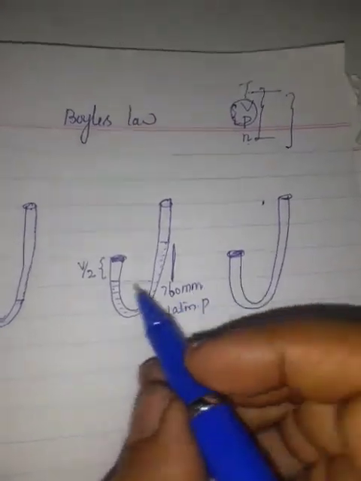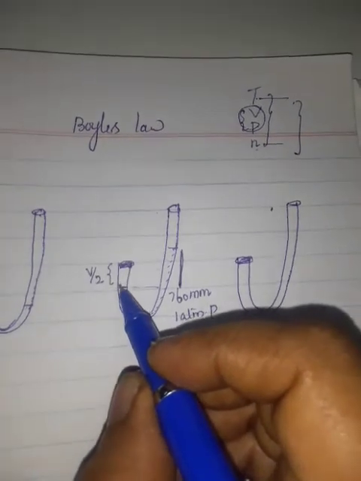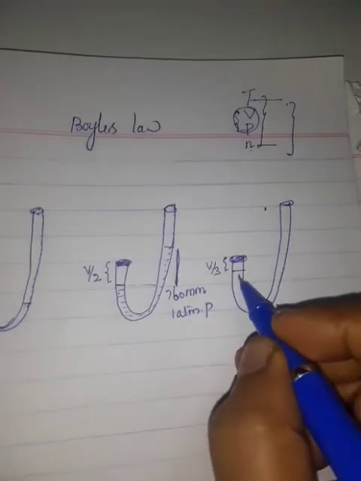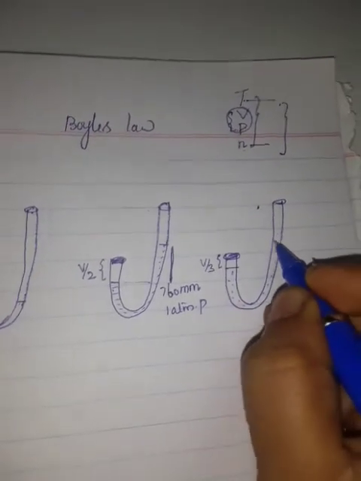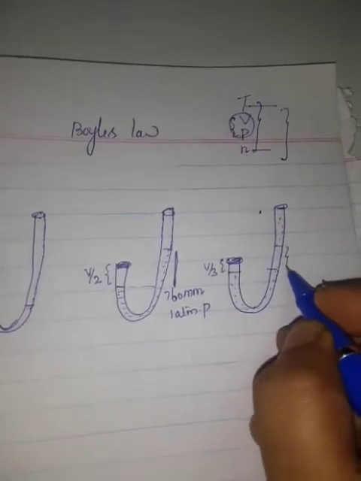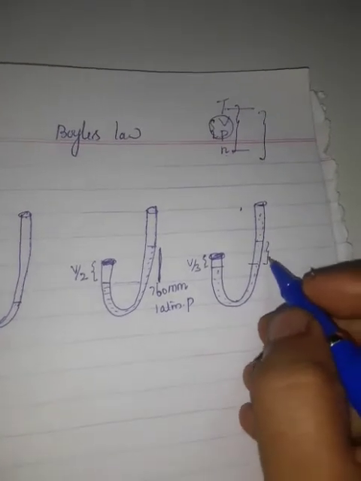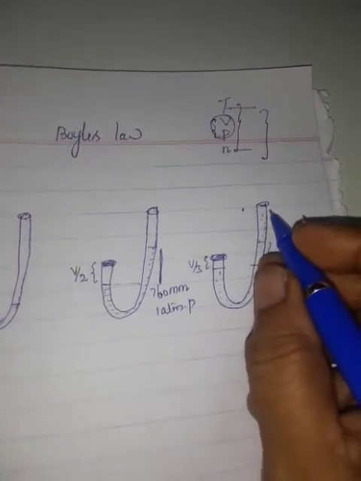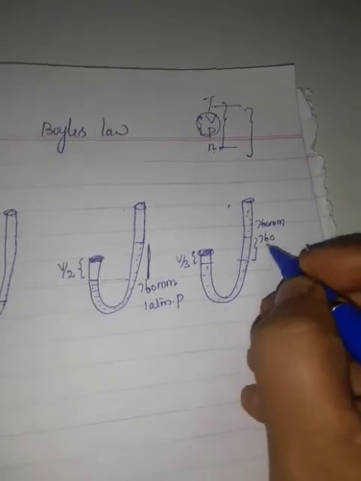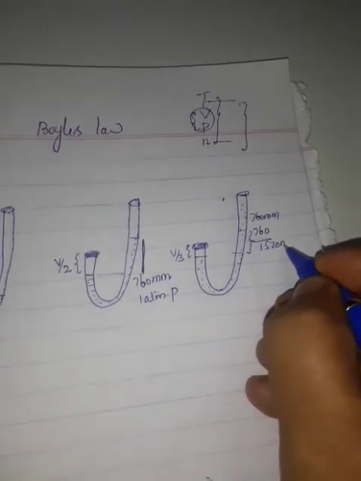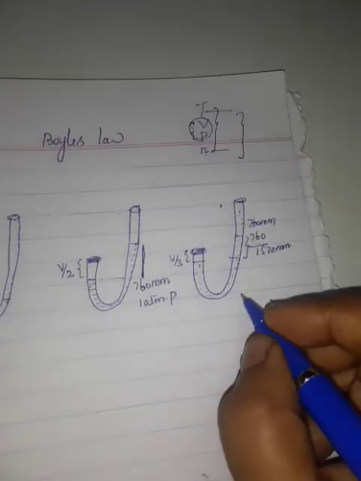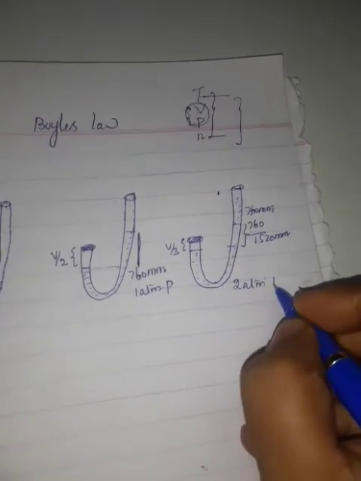Now in the third tube, once more the volume is reduced, so this is considered as V by 3, and the mercury is occupying more. Already one level we took as 1 atmospheric pressure. Once more the level is raised by another 760 millimeter of mercury. So 760 plus 760, we get 1520 millimeter of mercury. 760 means 1 atmospheric pressure, so 2 atmospheric pressure is involved here.